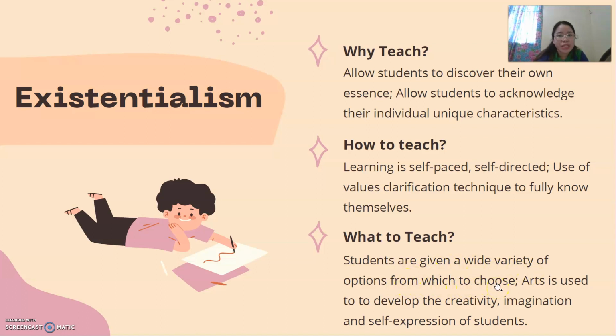You allow them to decide, for them to discover their own purpose, their real essence in this world. You make use of art to develop creativity, imagination, and self-expression among your students. So again, existentialism: you allow them to think of why they exist and to find their purpose here in this world.